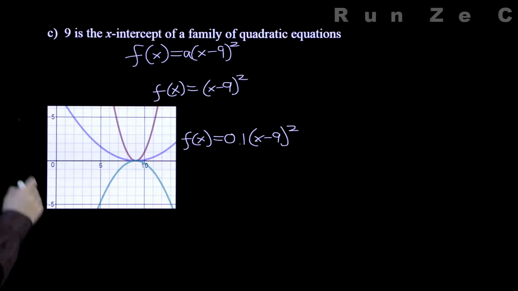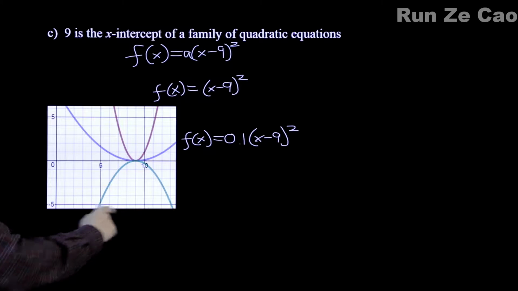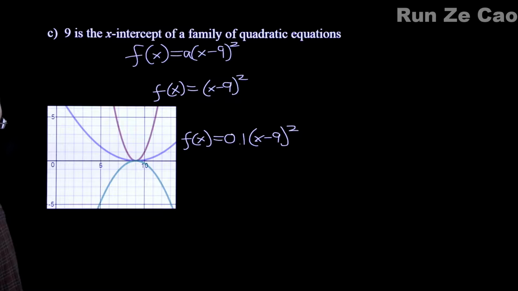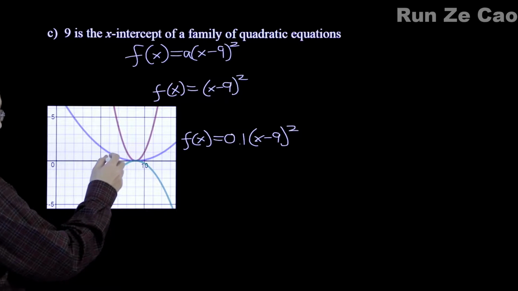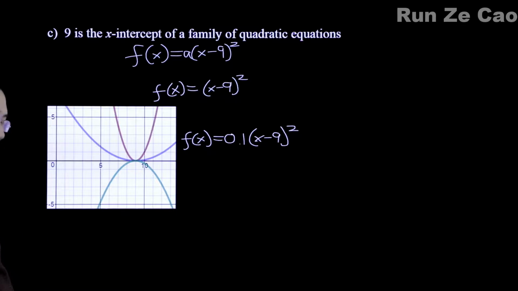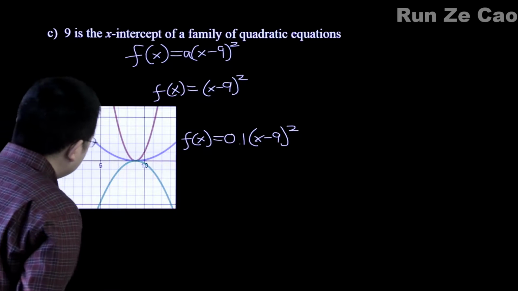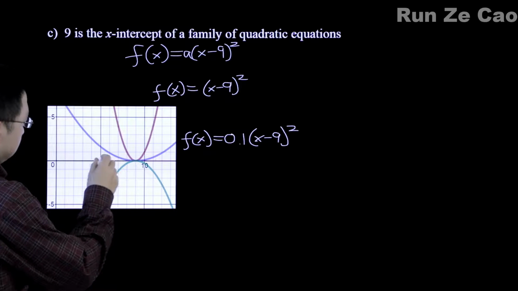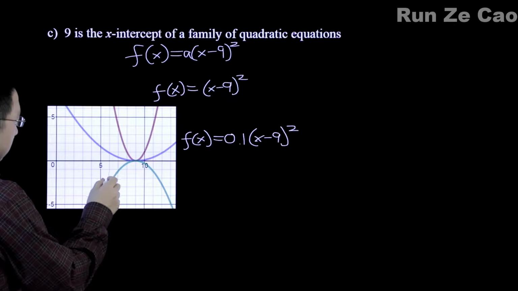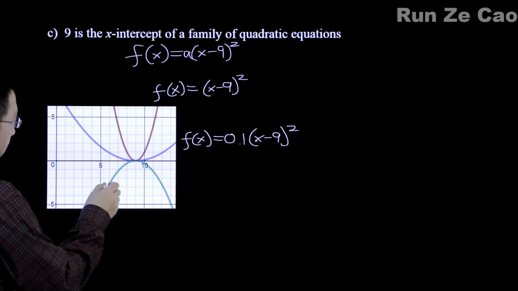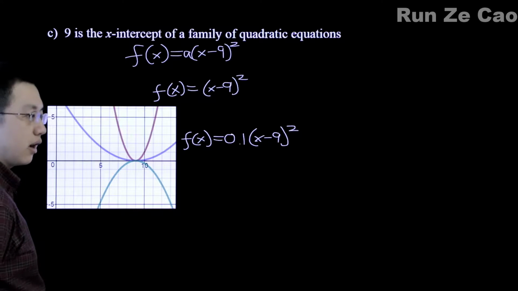Okay. What about this one down here? Well, we can see, 2 grids over, a little bit over a grid down. And what about here? 3 grids over, and something like a bit over 2.5 grids down.